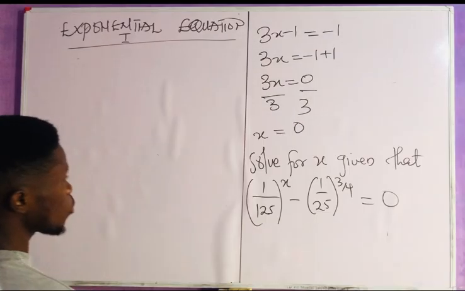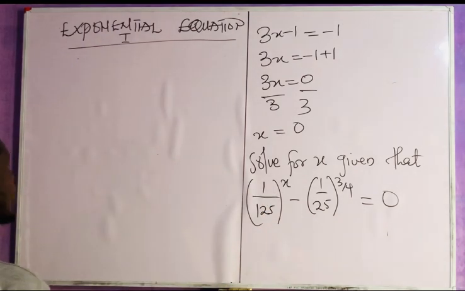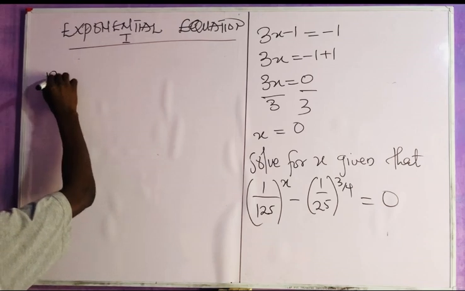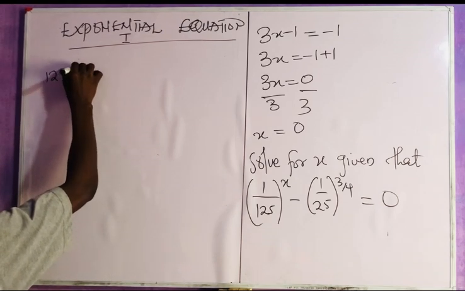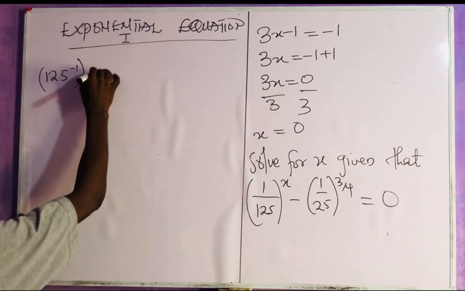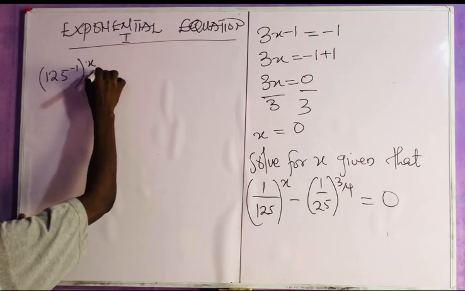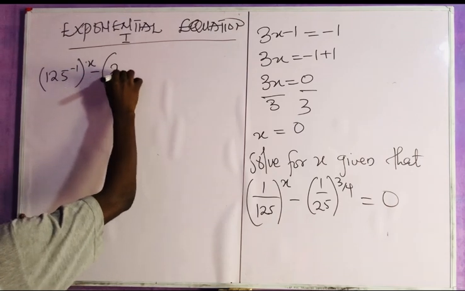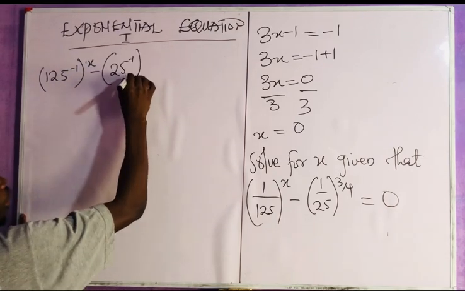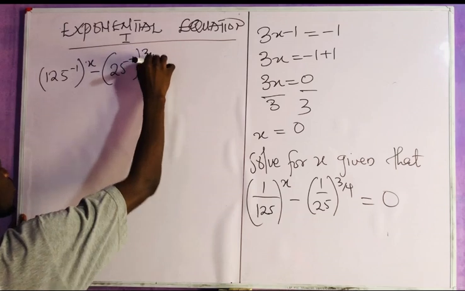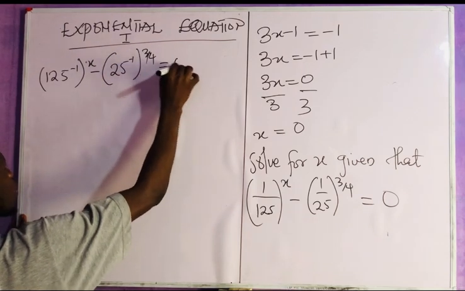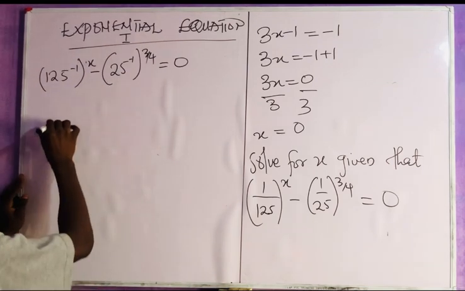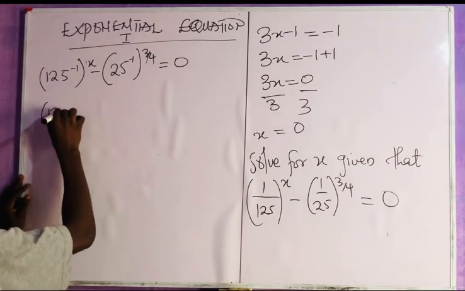Now let's look at example 2. If you look at this equation, the first thing to do here is to write this one as 125 exponent negative 1, all to the power x, minus 25 to the power negative 1, all to the power 3 over 4, equals 0. Looking at this, I can send this one to this side. So that will give us 125.